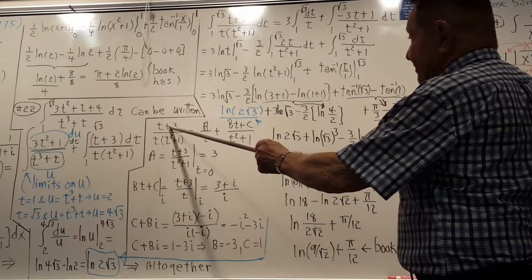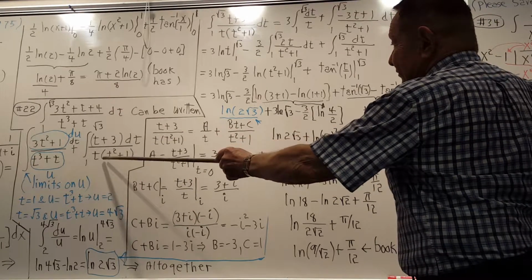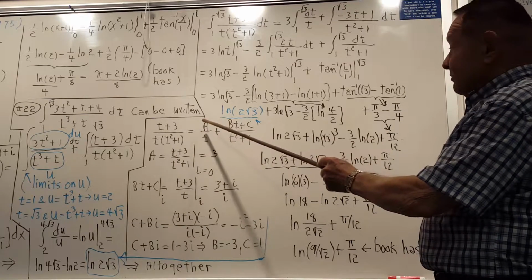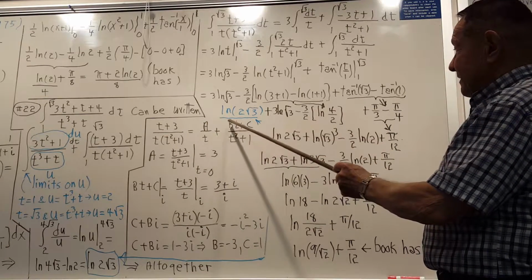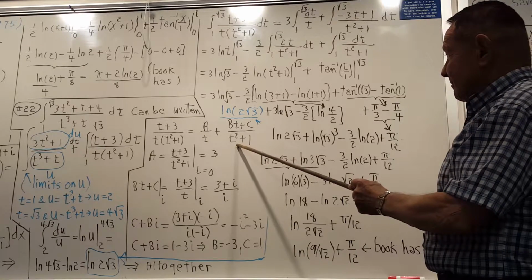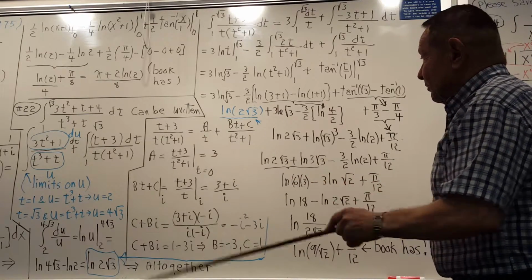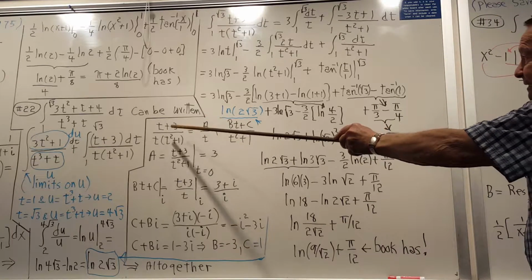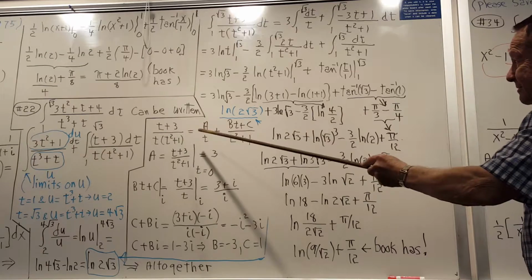So we have the t plus 3 over t times t squared plus 1, which we'll write as a over t, and then bt plus c over t squared plus 1. So once again, the a would be the residue.